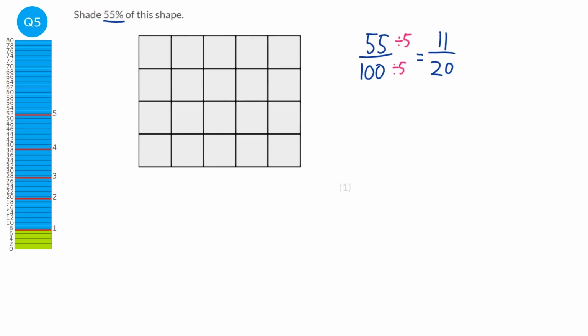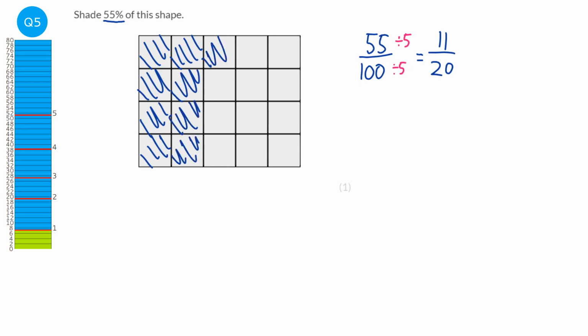And if there's 20 squares and we're looking to shade in 11/20ths, it's just going to be 11 squares. So 1, 2, 3, 4, 5, 6, 7, 8, 9, 10, 11.